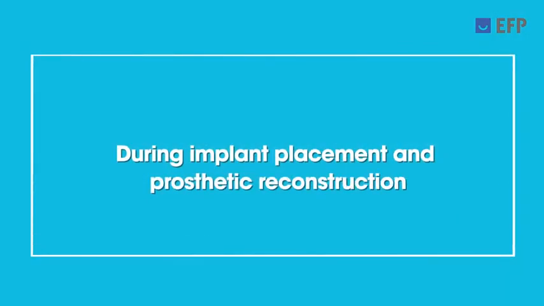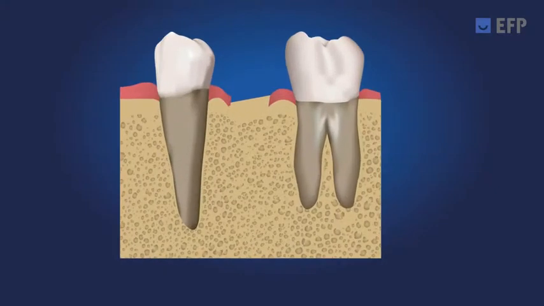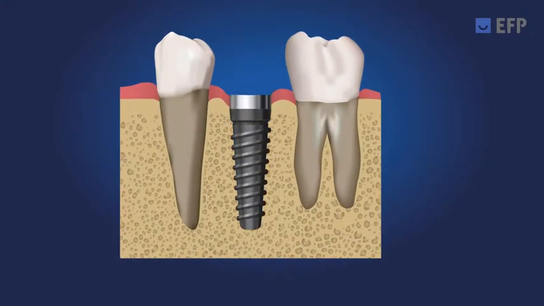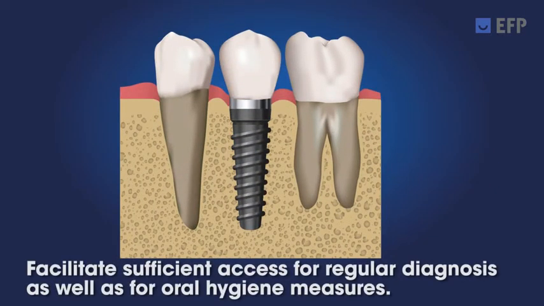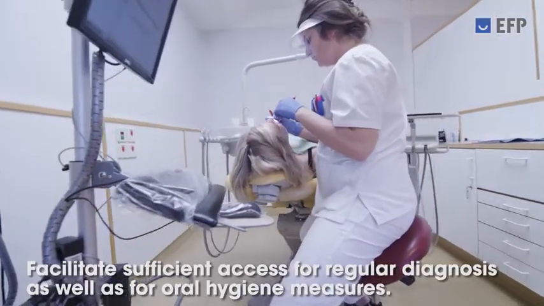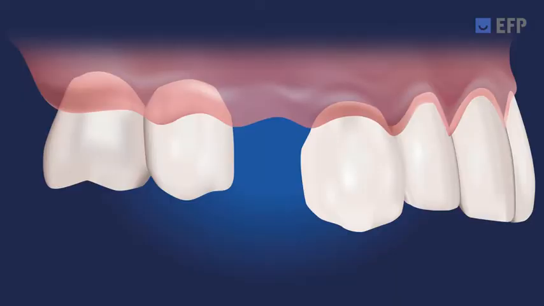During implant placement and prosthetic reconstruction, implant position should be selected, and superstructures should be designed in a way facilitating sufficient access for regular diagnosis by probing, as well as for personal and professional oral hygiene measures.